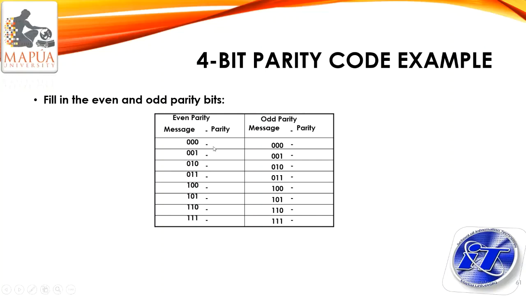So what will be the parity bit if it's even? For 0, 0, 0, it should be 0, since we consider 0 as even.